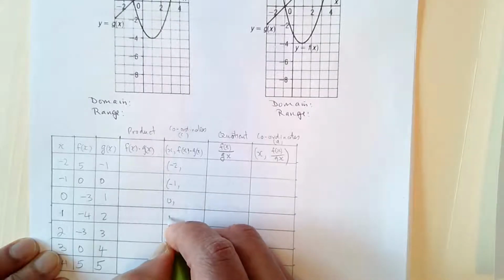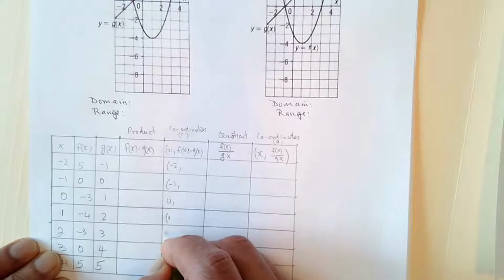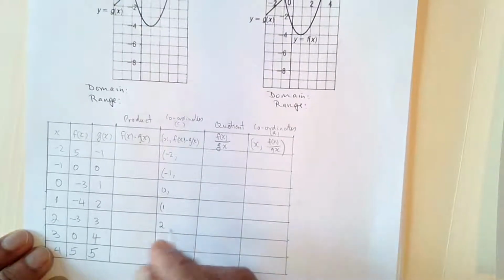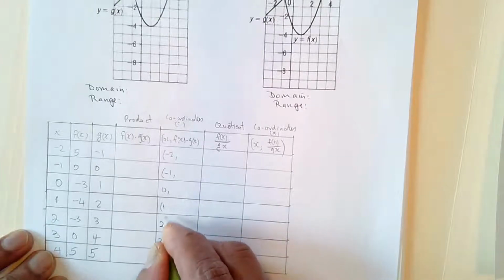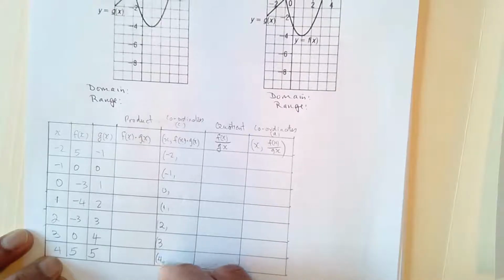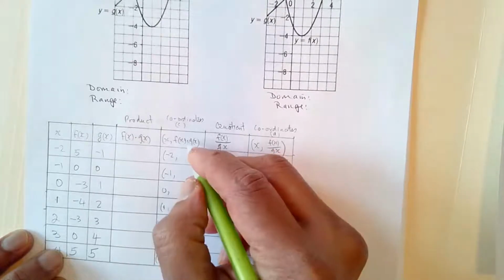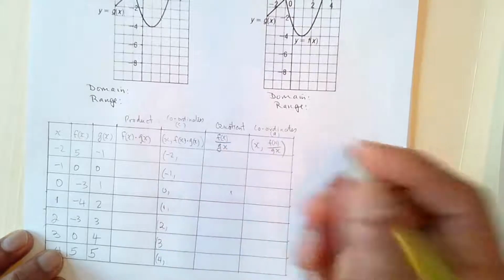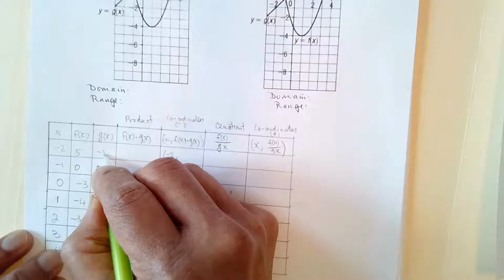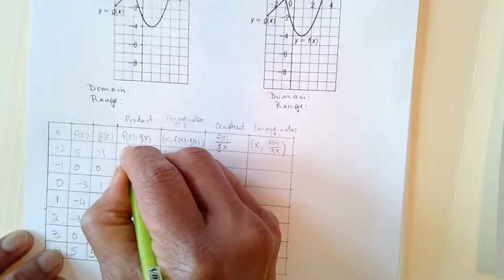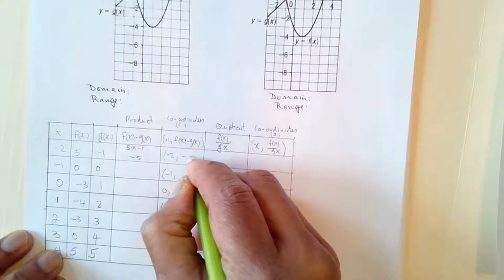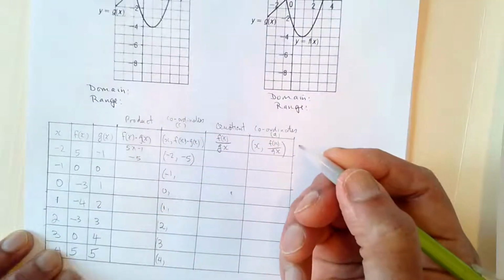And this will be 1, 2, 3, and 4. So we need to find our f of x, g of x. So multiplying 5 times -1, indicate it here, giving -5. So this would be my coordinate -2 and -5.